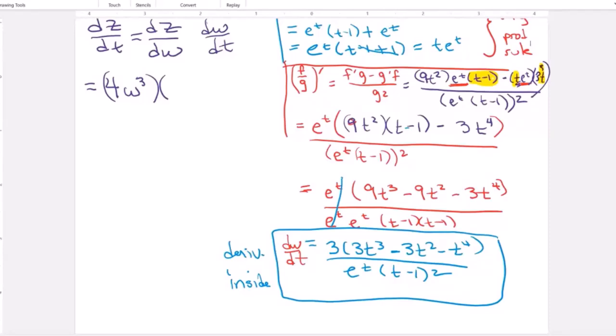Well, let's copy it. We have 3 times 3t cubed minus 3t squared minus t to the fourth divided by e to the t times t minus 1 squared.